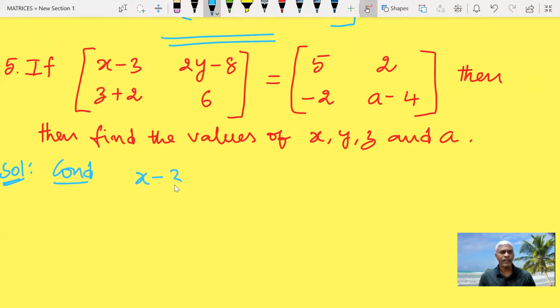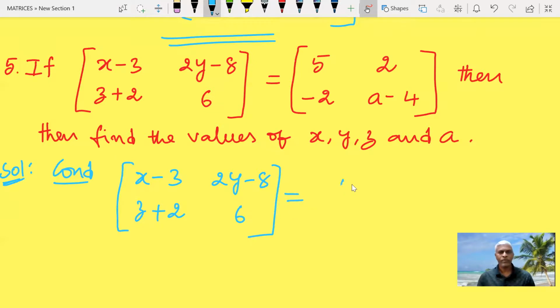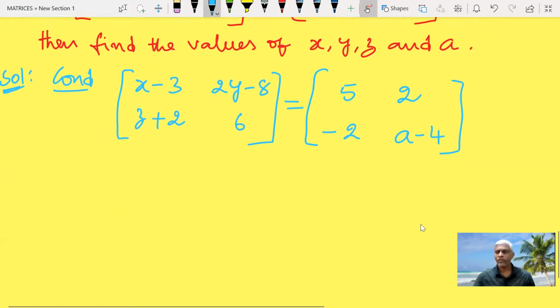x minus 3, 2y minus 8, z plus 2, 6. This matrix is equal to 5, 2, minus 2, a minus 4. So these two matrices are equal. By the equality of matrices, if two matrices are equal, then their corresponding elements should be equal.